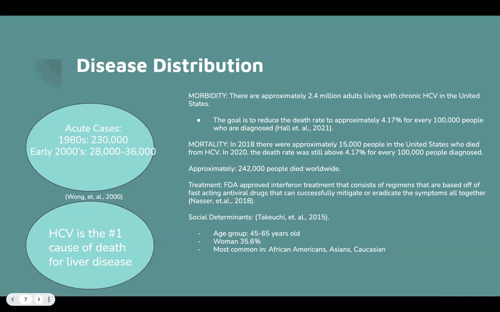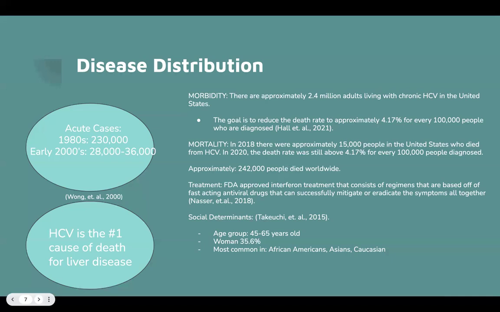And so then going into mortality, we see that in 2018, approximately 15,000 people in the United States died from HCV. And in 2020, the death rate was still above 4.17% for every 100,000 people. So the goal is to just keep decreasing that number. And it has decreased significantly in the past 20 years, which is really good.